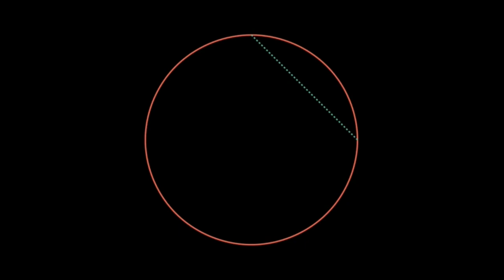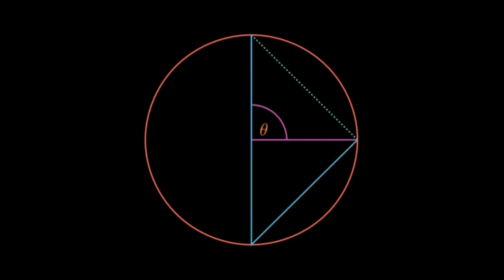So the angle formed there will be twice as big as any angle you're going to form from the same chord, or from the same two points, to the circumference of a circle. Now, the circumference of a circle simply refers to the distance around the circle. So if we were to form, let's say, an angle there, that angle we form on the circumference of a circle is half the size of the angle formed on the center of the circle.